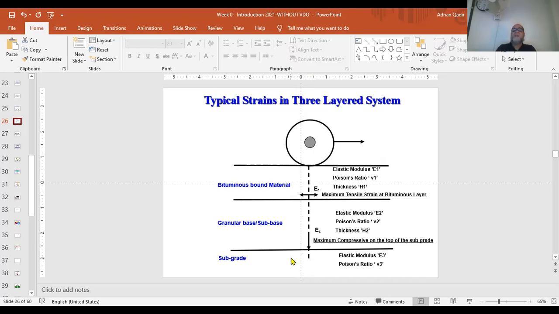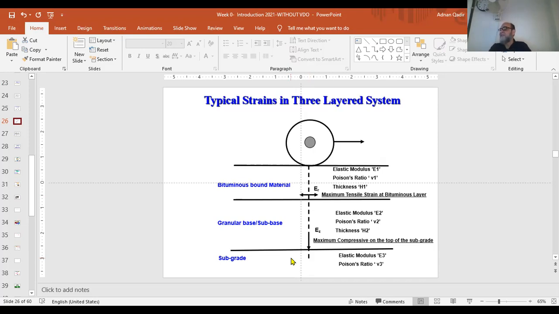Now, one of the queries may be whether the tensile strain and the compressive strain can be measured at the same place. The answer is yes.